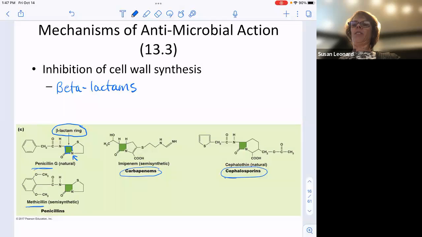Beta means the second one from the carbonyl group right here. What they all have in common is that beta-lactam structure, which is why it's colored in green there. If that beta-lactam ring is cut or changed in any way, then the drugs lose their ability to function. We'll talk about why in a minute.